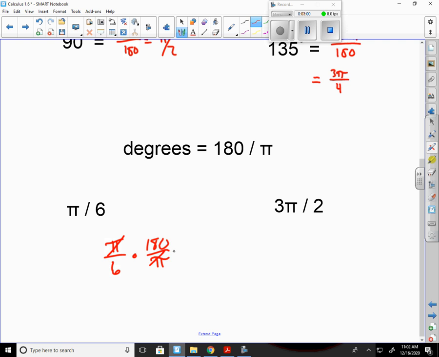Pi's cancel. 180 divided by 6 is 30. 3 pi over 2, same thing. Pi's cancel. 180 divided by 2 is 90. 90 times 3 is 270. Again, we just did these not too long ago.